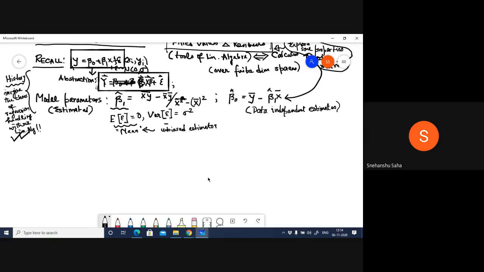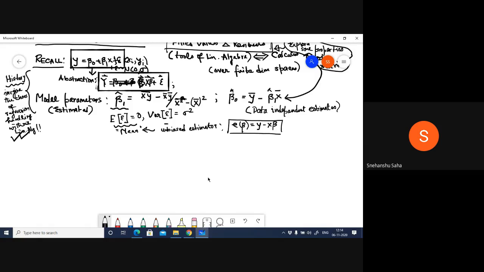We would also recall here that the residuals, which are computed based on the coefficients, are nothing but y minus x beta, and this is important to compute, right?